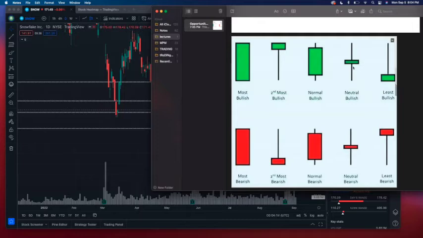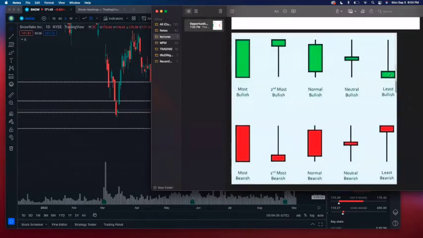Neutral bullish, this is really just neutral in general. This basically means sellers pushed it down, buyers pushed it up, but ultimately it closed flat. It's the same thing here: they pushed it up, pushed it down, and it ultimately closed flat. Nobody was in control technically when it comes to buyers and sellers.